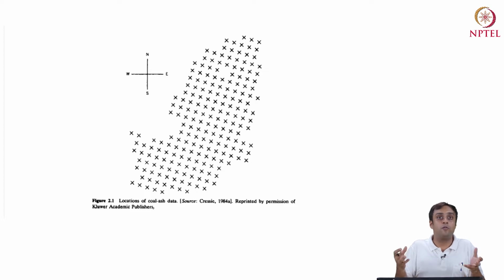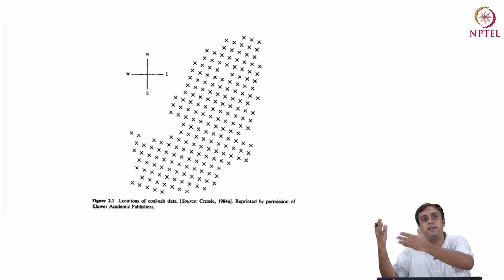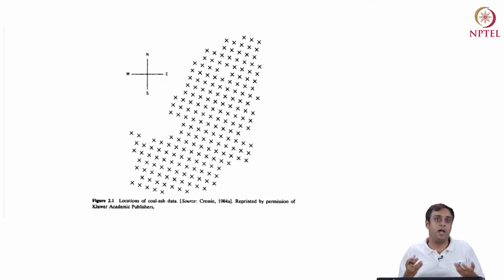You may have a lot of coal, but if it is not of good quality, perhaps you want to prioritize mining in a different area where you have very high quality coal. So here is an example of a region which has been sampled for coal.